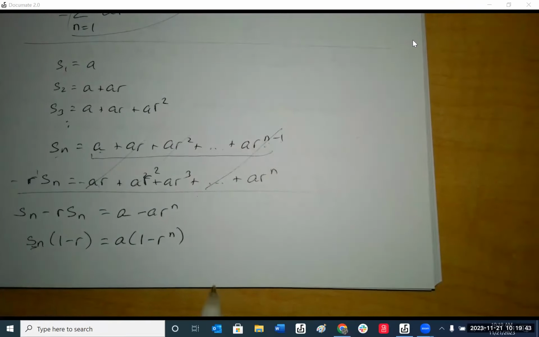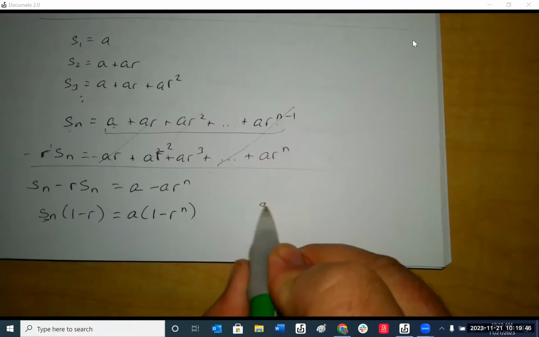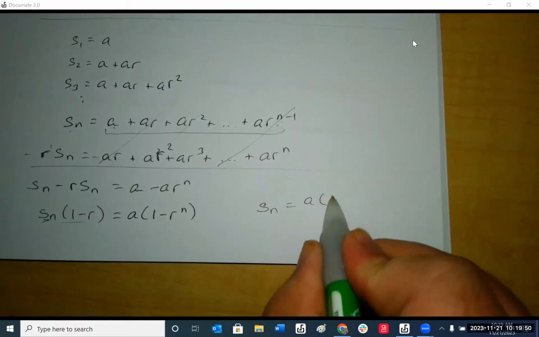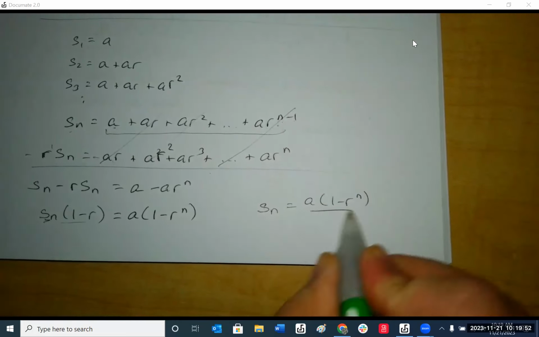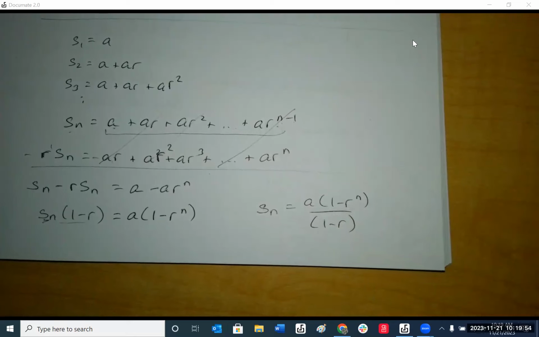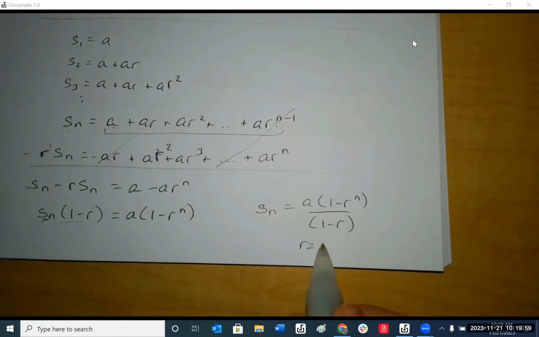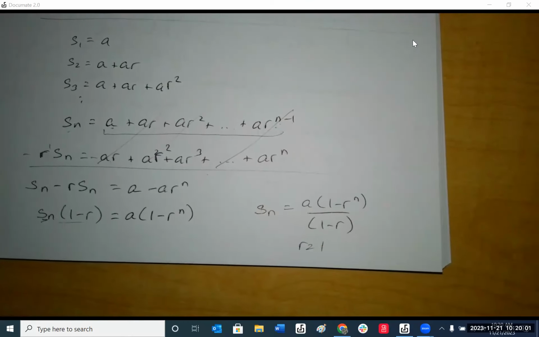To solve for the summation of the sequence, we divide both sides by 1 minus R. Again, as long as R, the ratio, is not equal to 1, we're good to go.